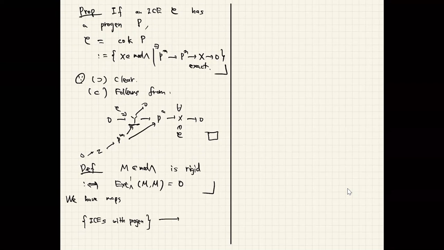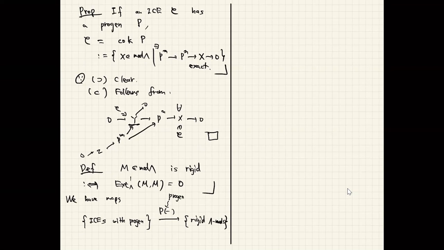So by taking P, this is taking a progenerator, then it's easy to check that a progenerator is always rigid because it's a projective object in this category. So we have this map.